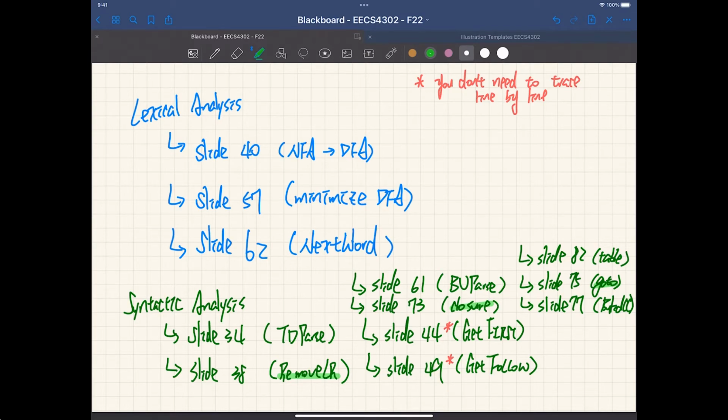Okay, good. I think minimize DFA as well. That one there, you also need to make sure you know how to do. But looking at the algorithm can also remind you about how things can be done. All right? And final thing, you don't need to really trace this line by line because we know how to do it. All right? More questions, please.